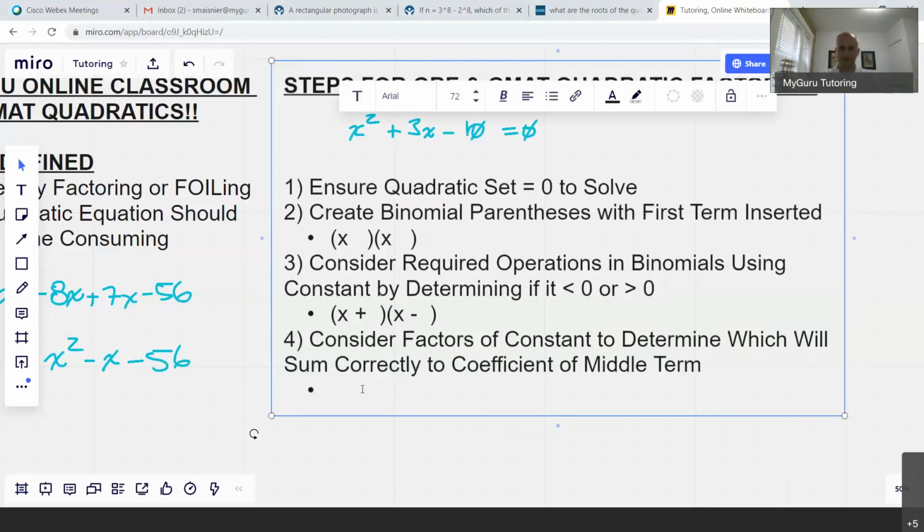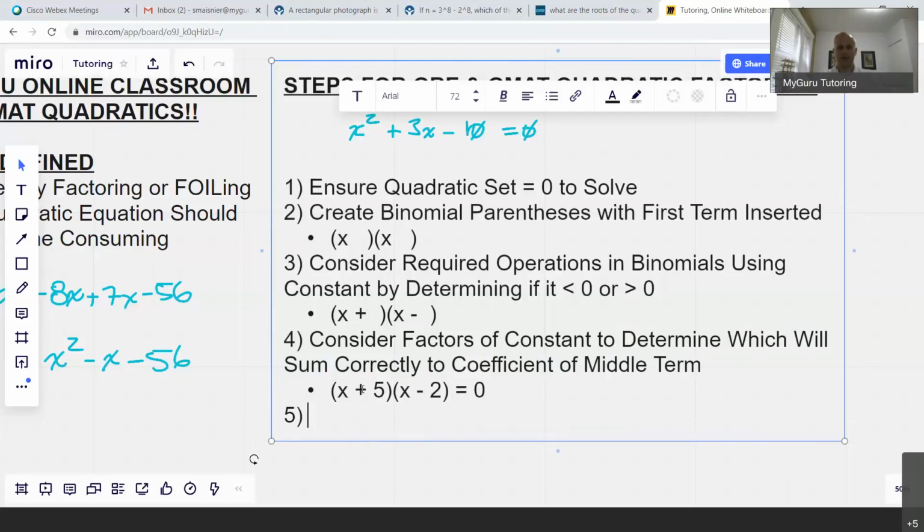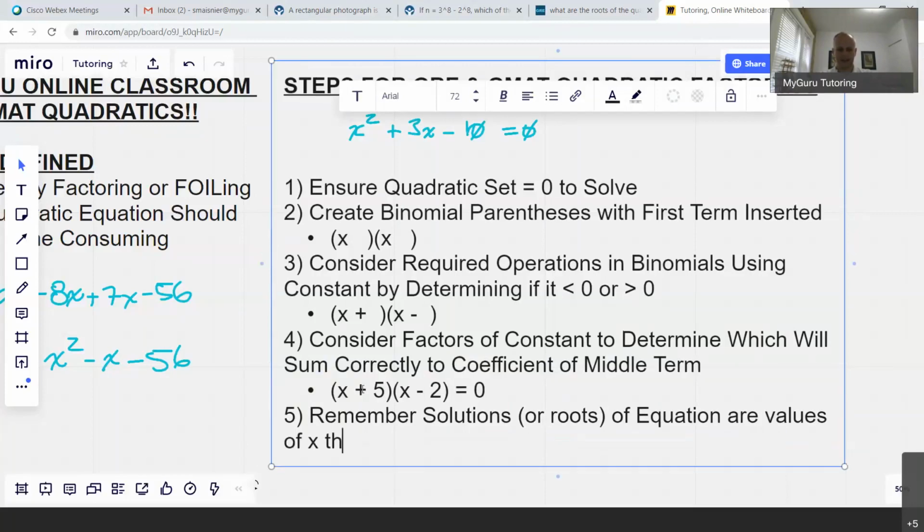+5 and -2. Indeed. So that means that we're looking at x plus 5 times x minus 2 is equal to 0. Now, always be careful and remember that the solutions, also known as the roots of the equation, are the values of x that produce a quantity of 0.